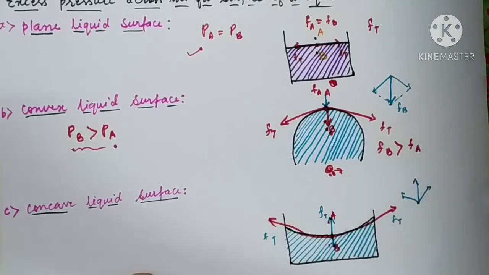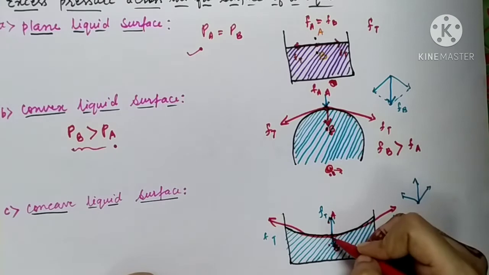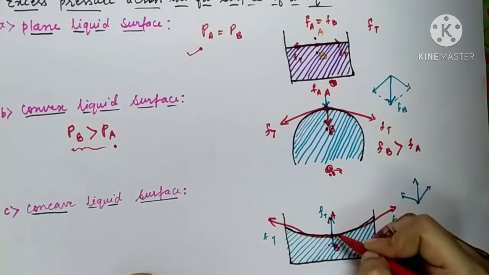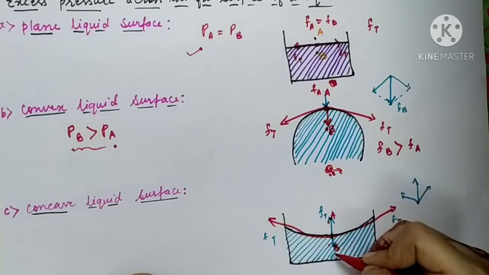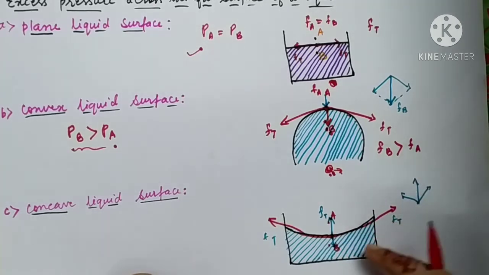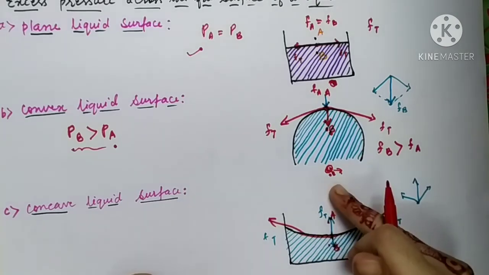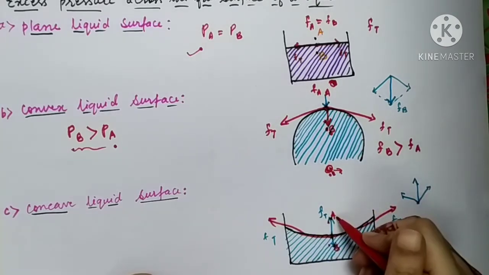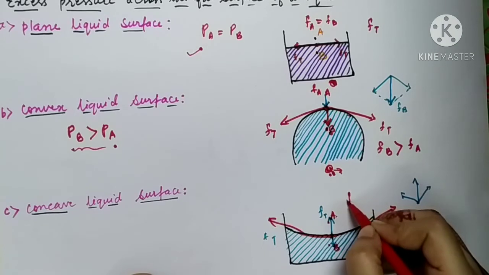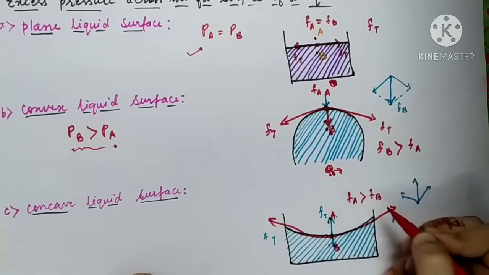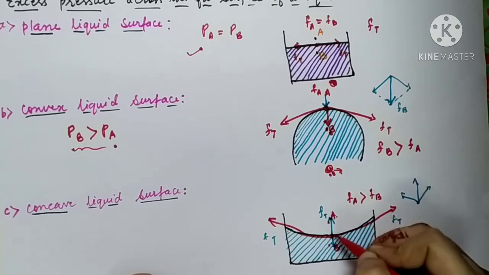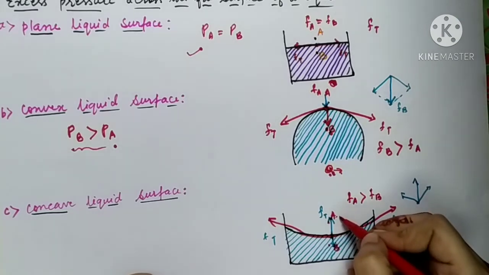So here we can say that atmospheric pressure acts above the liquid surface and below the liquid surface. Here the resultant of these two forces is directed in a vertically upward direction. So the force acting at point A will be greater than the force acting at point B. Point A is above the concave surface.